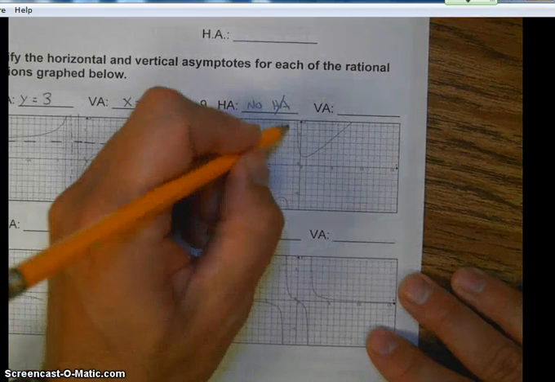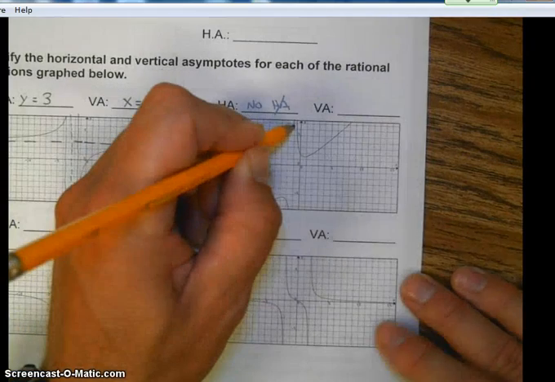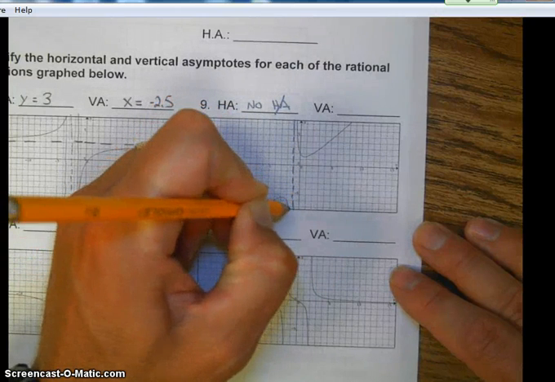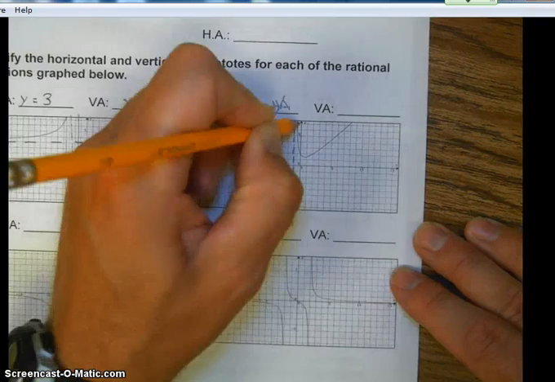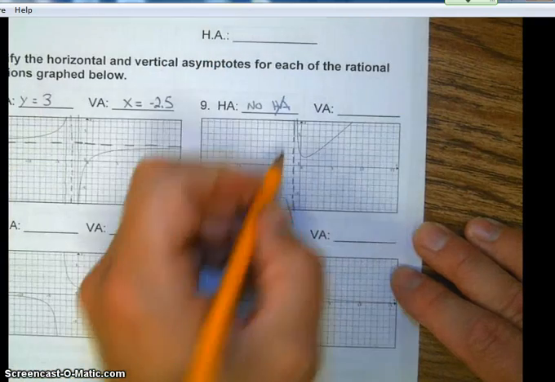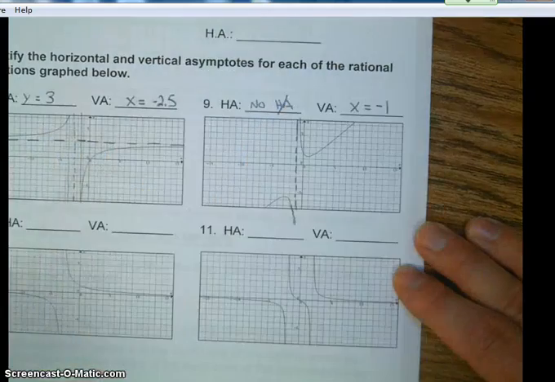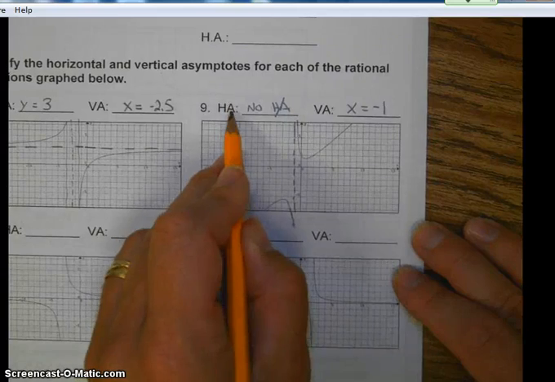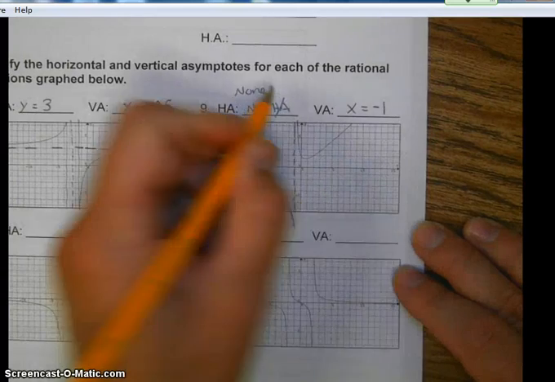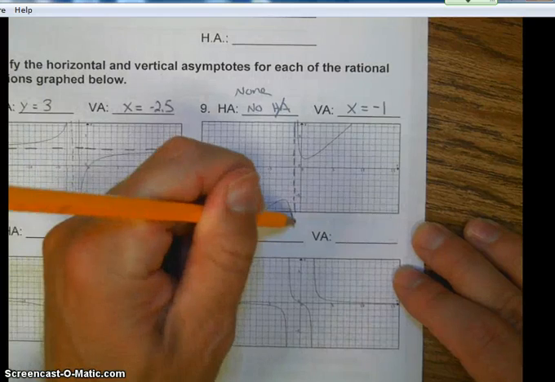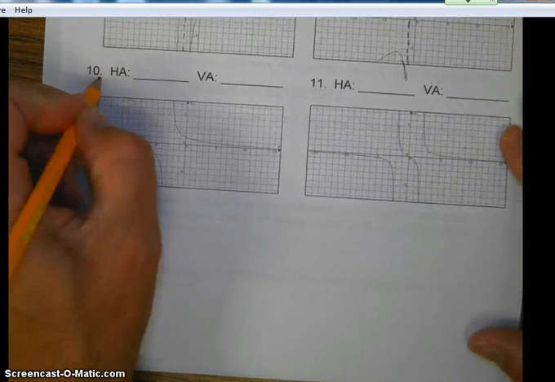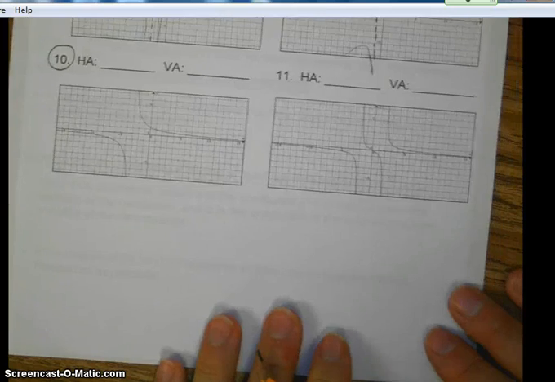But there is a vertical asymptote because it is converging up here and it is converging down here. It's converging to this line, right here. So that's going to be x equals -1. So when it looks like this, none, but they do have vertical asymptotes right here. You try number 10.